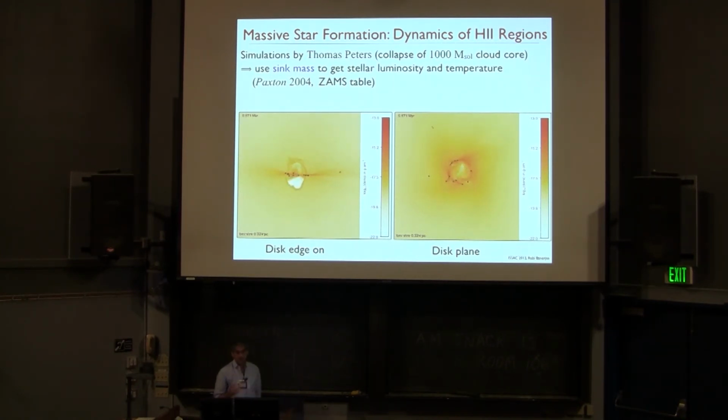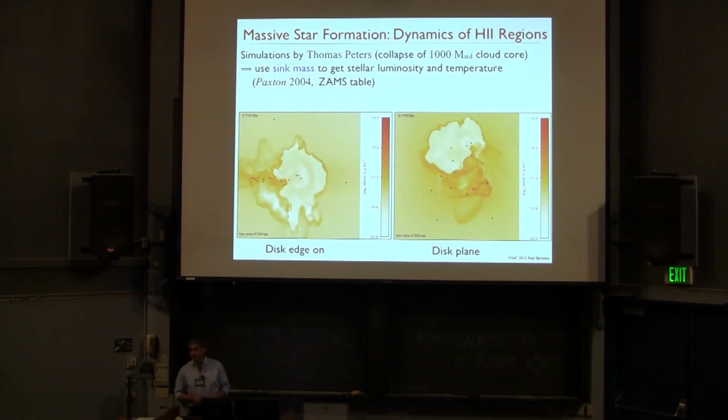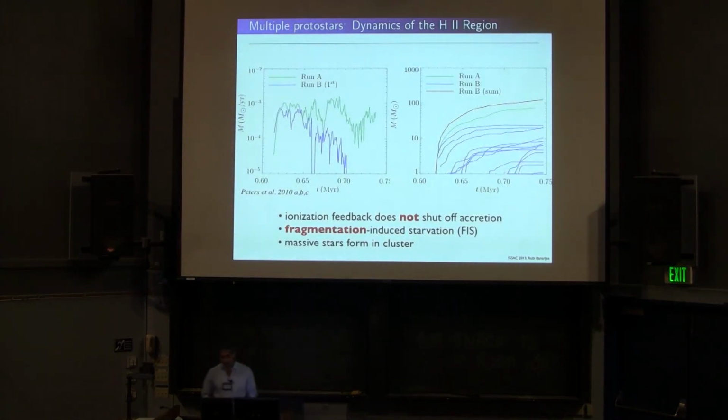The gas fragments, because it's so massive, it's so dense, and the individual stars, might they be low or intermediate mass stars even, essentially get the gas from the envelope from this collapsing cloud core, and kind of prevent the accretion onto the more central object. Eventually the accretion to the central object can be shut off here by the fragmentation, so by the formation of secondary stars.